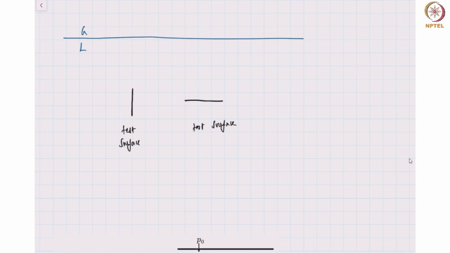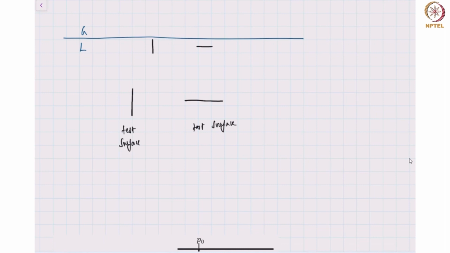Now let's look at what happens as you take these test surfaces to the interface. If you go near the interface, I'll deliberately draw it slightly small and short. So I have two test surfaces here. Now there are two kinds of interactions that happen. Look at the test surface which is vertical.